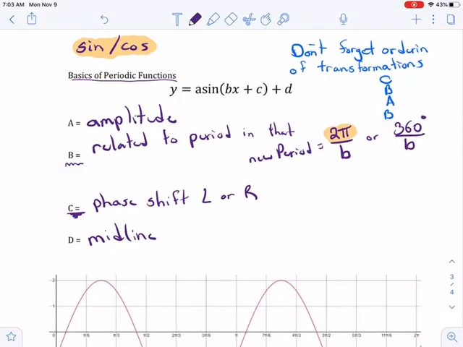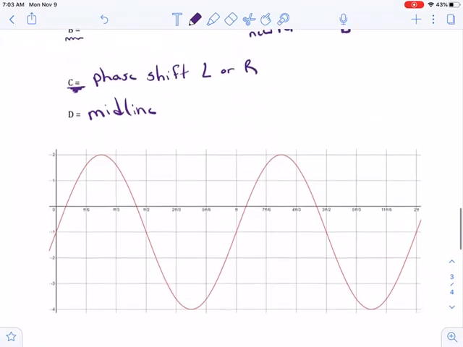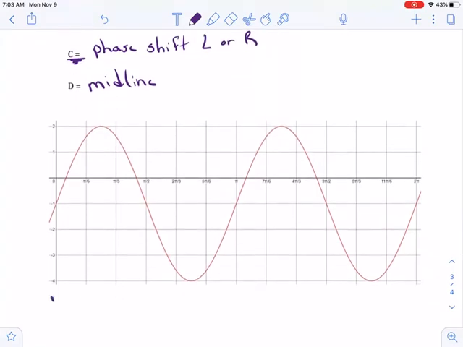So as an example here, we have this graph, which first thing we can see is in radians. If I can identify midline, amplitude, and period, then I should be able to complete this graph. I will say that phase shift is trickier to come up with, so we might hold off for now.